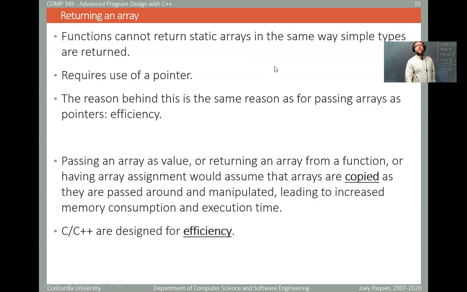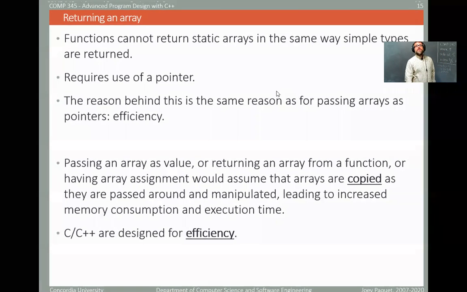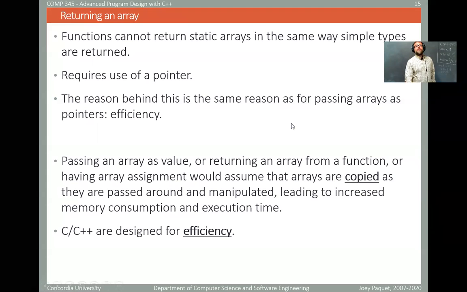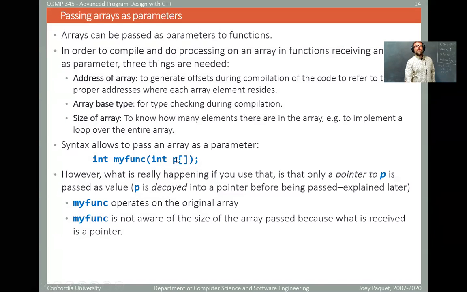So how do you return an array? The reason arrays cannot be passed by value is that you would have to make a copy of the array. That's not so bad if you're passing an array of 5 ints, but what if you're passing an array of 1,000 by 1,000 by 1,000, basically a billion elements?